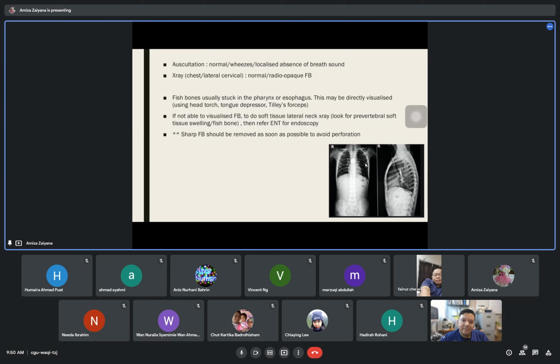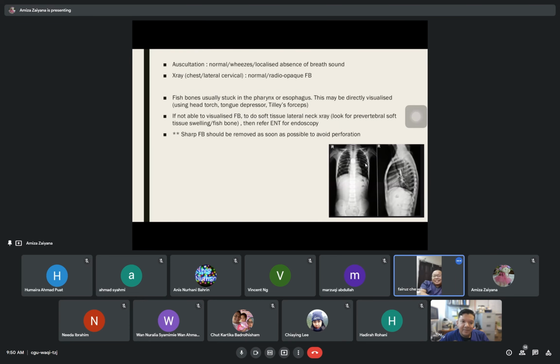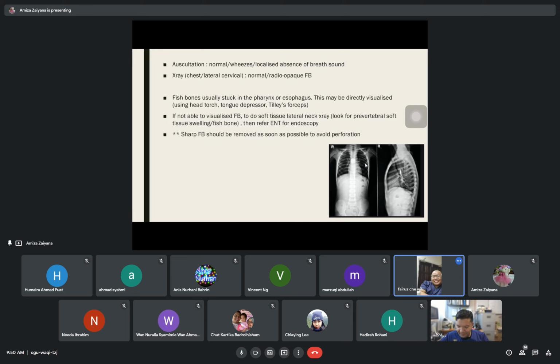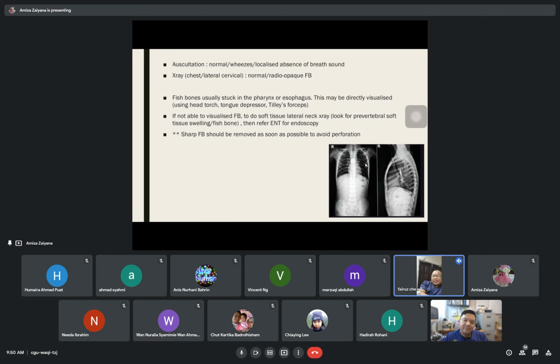So, alright. So what about battery? Why does a battery need to be removed urgently? Dr. Rafeek said you can use silicone tomorrow.